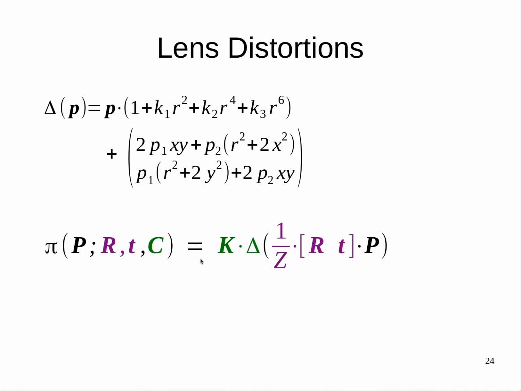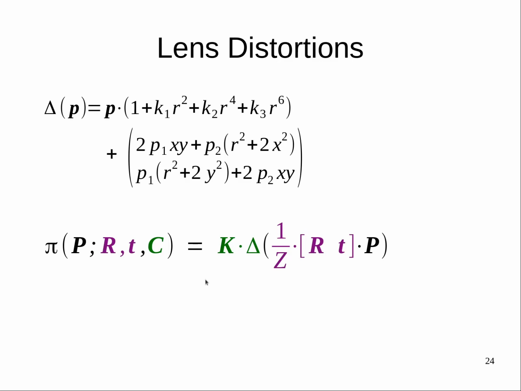And then we continue with the K matrix, which we defined previously. So again, keep in mind that both the K matrix and lens distortion are applied post-projection. So the Z coordinate is cancelled out, and we are only talking about 2D points here.